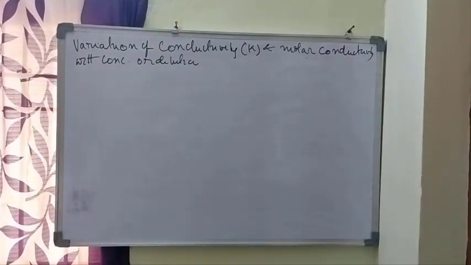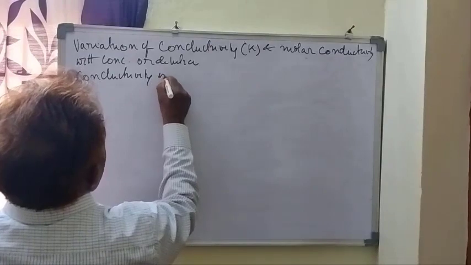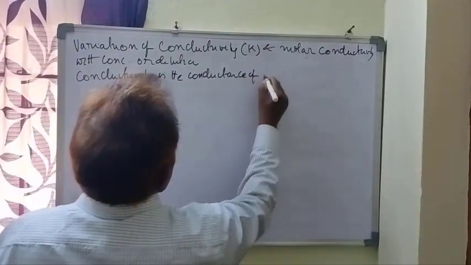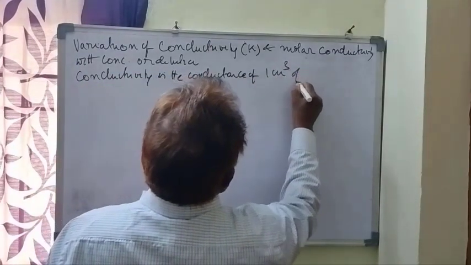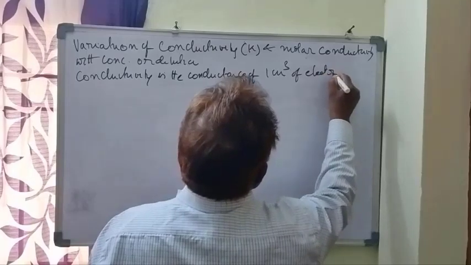Now, what is conductivity? Conductivity or specific conductance refers to the conductance of 1 centimeter cube of the electrolyte. So conductivity is the conductance of 1 centimeter cube of electrolyte.